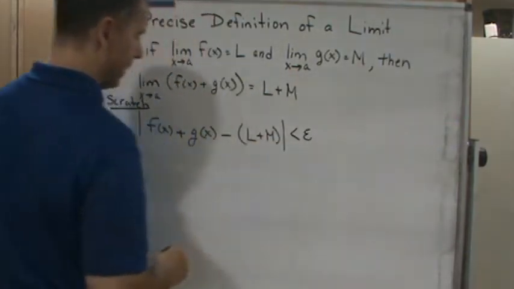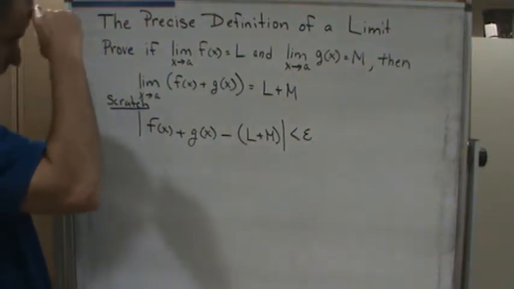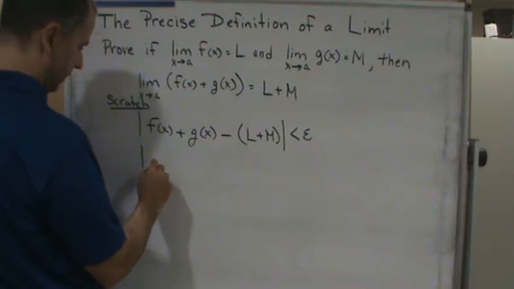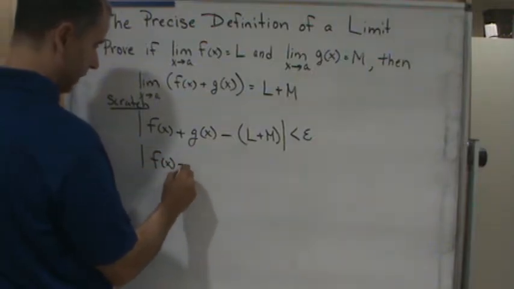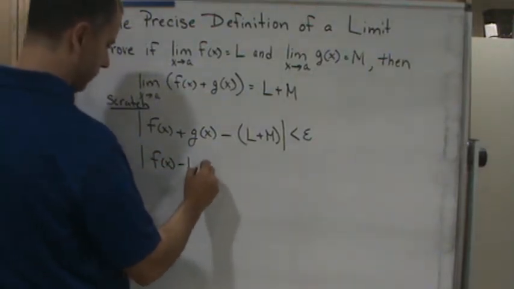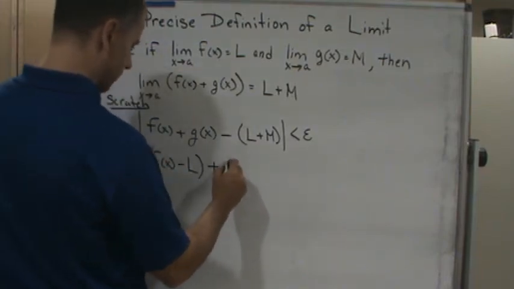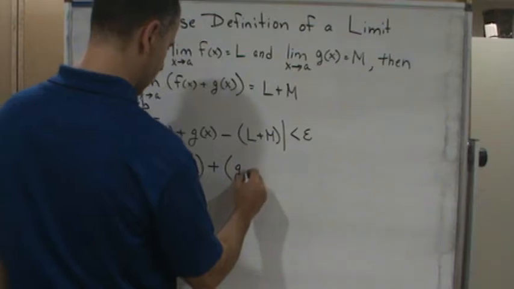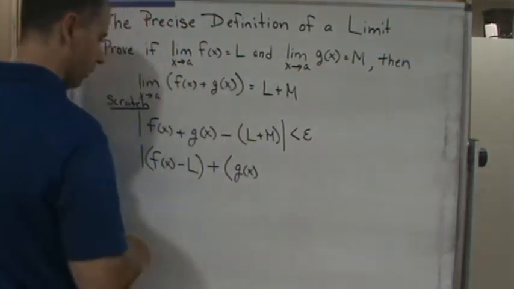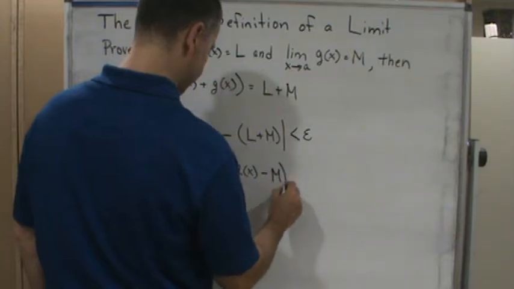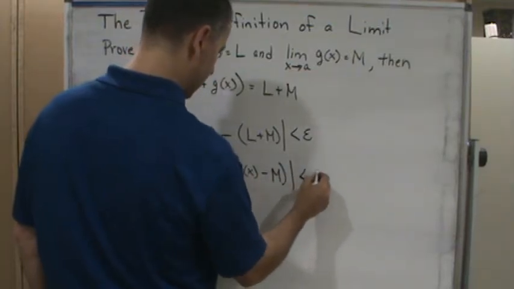We want that to be less than epsilon. Okay, now I'm going to rearrange this, and I'm going to write this as the absolute value of f of x minus L plus g of x minus m is less than epsilon.